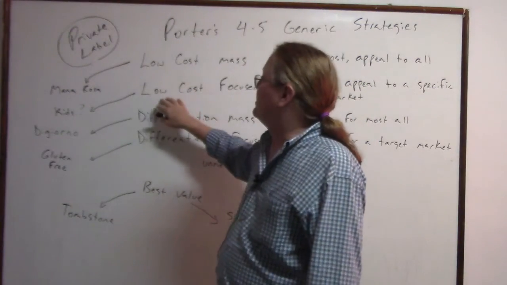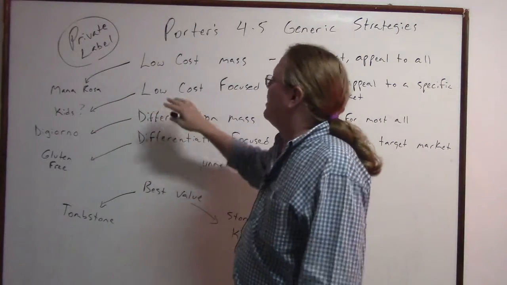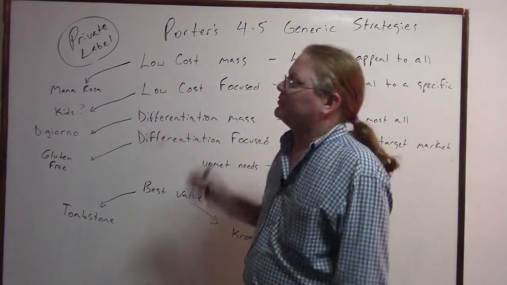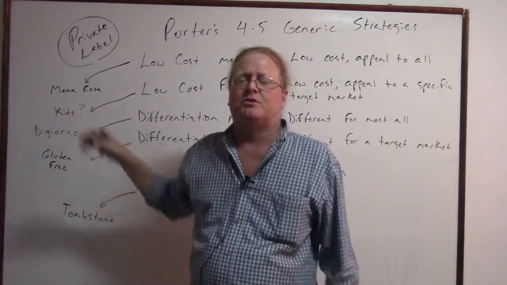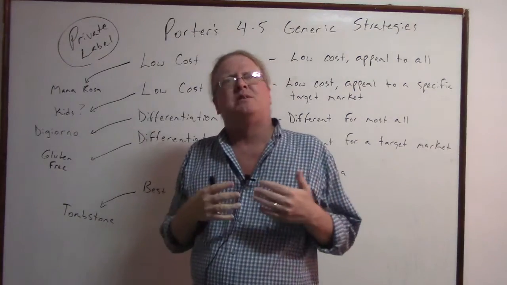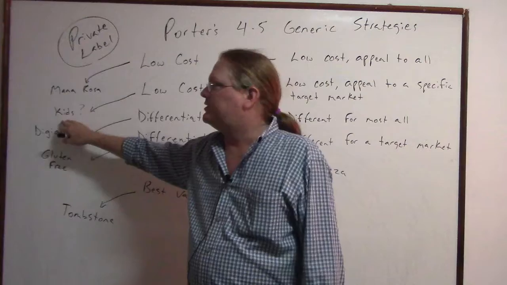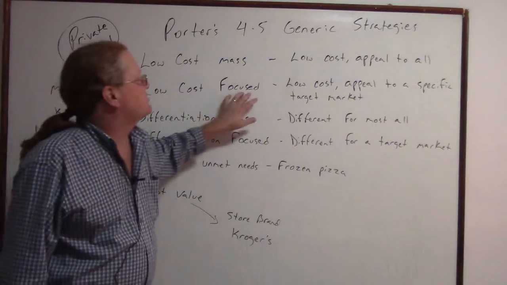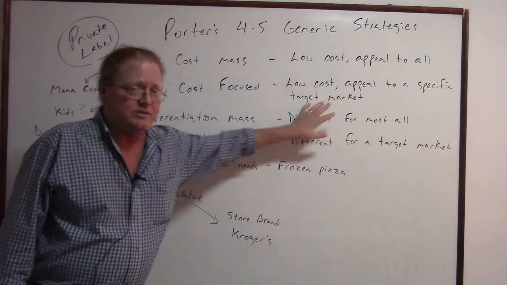Our next option, low cost focused, is something I haven't actually observed on the market. We could have a pizza similar to Mama Rosa. It's just pepperoni, maybe some of them sausage, a basic pizza, and we could target kids. We have low cost focused, and we're focused on our target market of kids.